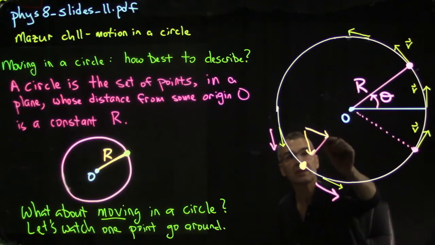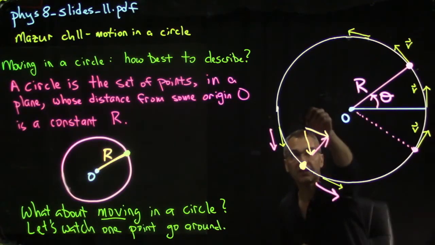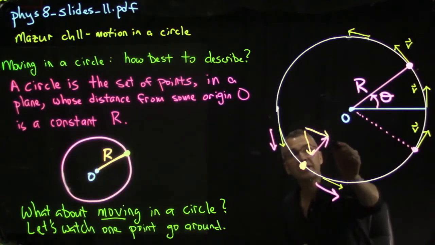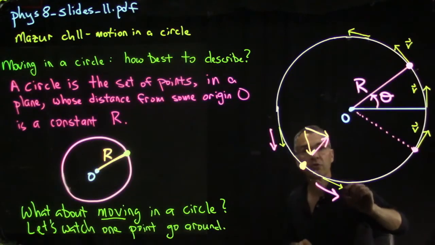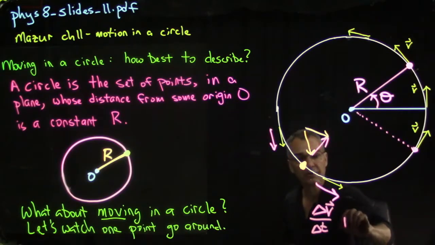It seems like what we have to add points toward the origin. If we take the velocity vector a moment ago, in order to turn it into the velocity vector that we will have a moment later, we need a change in velocity which points toward the origin. So the change in the velocity vector per unit time seems to point toward the origin.